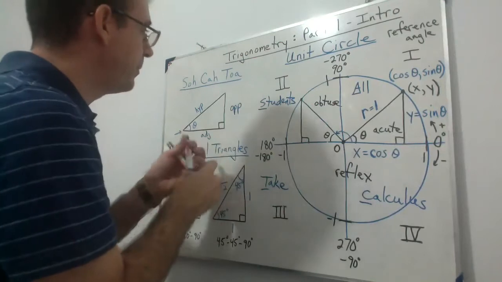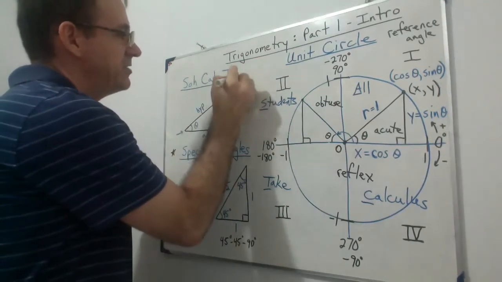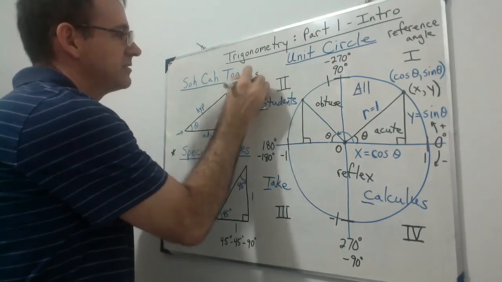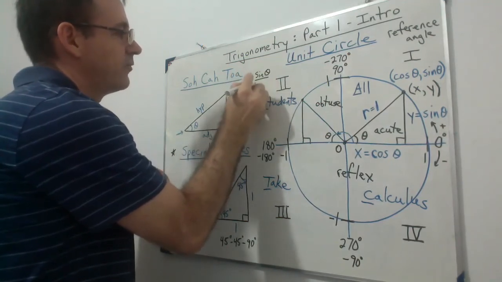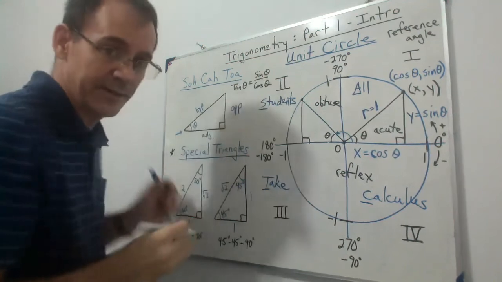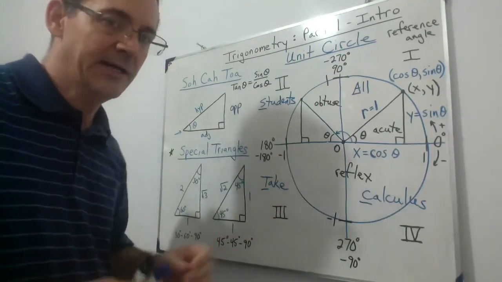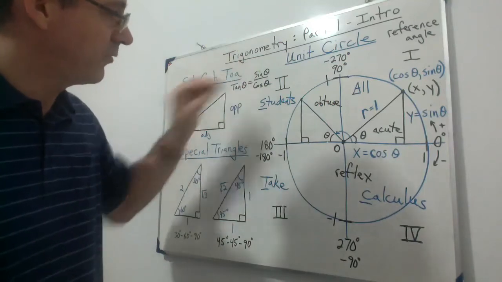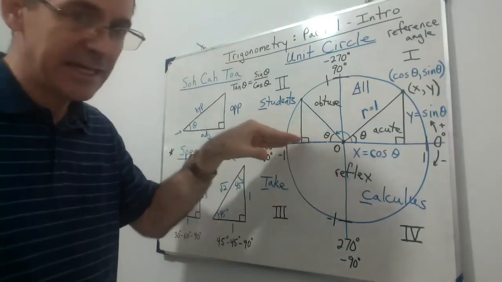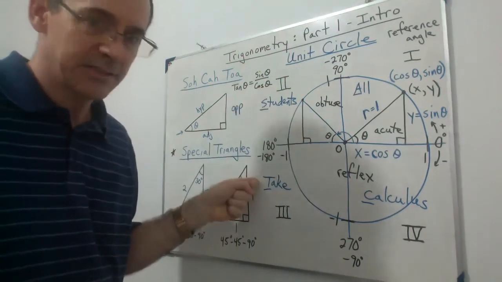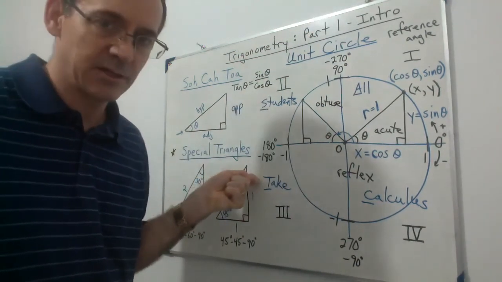If you remember back to your tangent, tan theta equals sine theta over cosine theta. Not sure whether you've learned that before or not, but tangent is sine over cosine. So a negative divided by a negative is positive. Tangent is positive in the third quadrant.